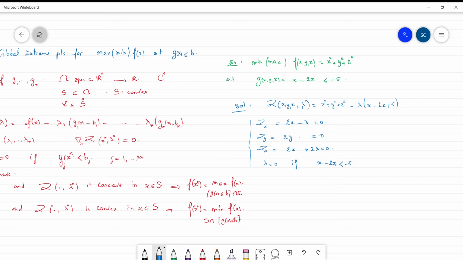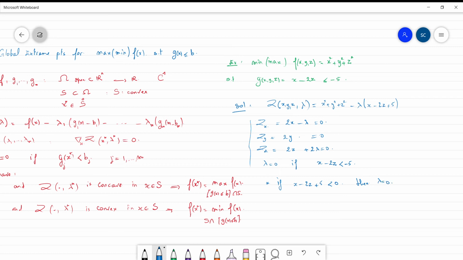Okay, so from here, how do we usually solve? We discuss cases. If we are inside, so if x minus 2z plus 5 is strictly negative, then lambda is 0.